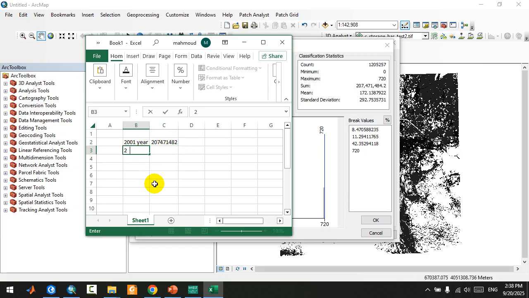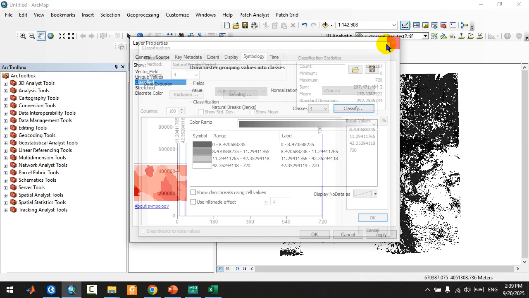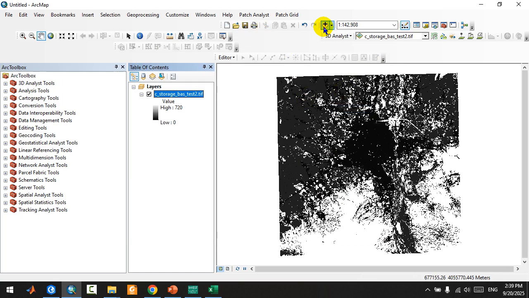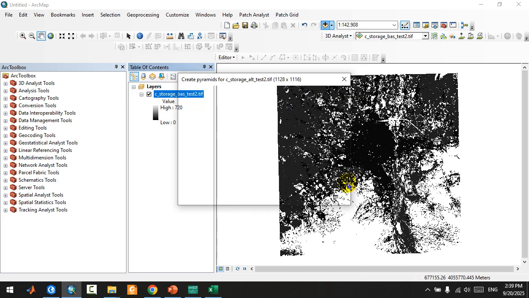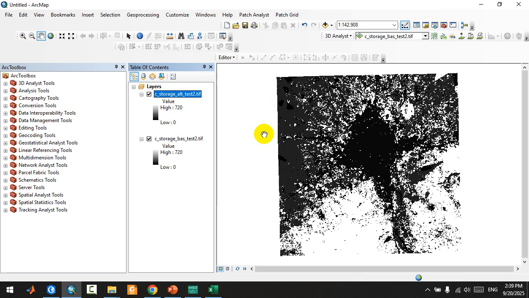But for the 2025 year, okay, add data, all storage in the alternative year.